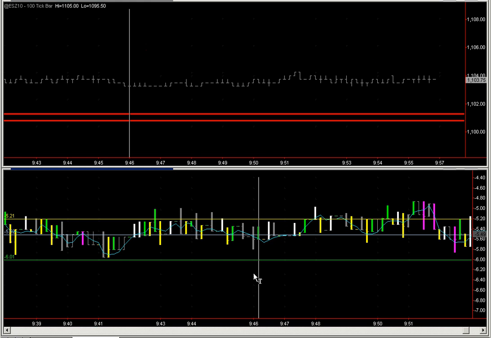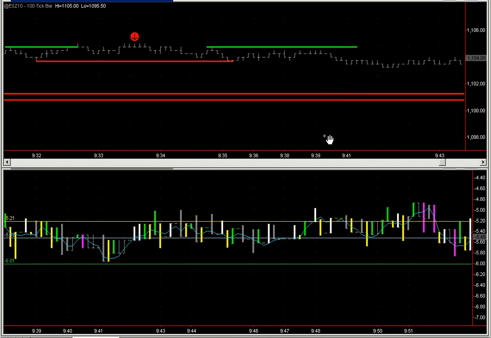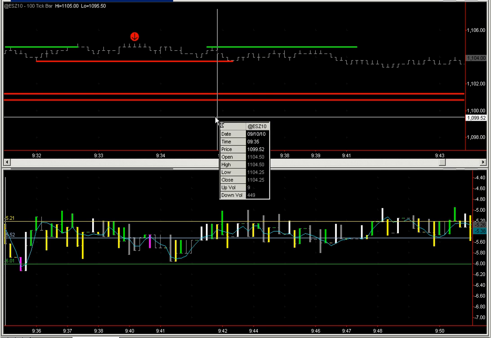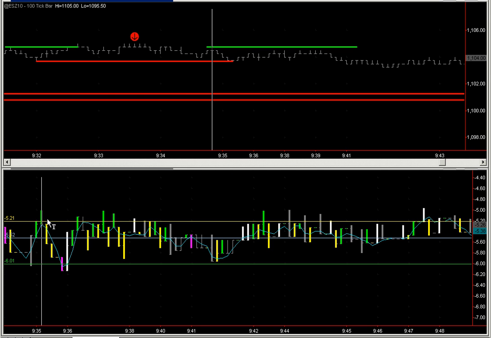Let's get this right. Okay. Now, another caution. This bar indicated a retracement.